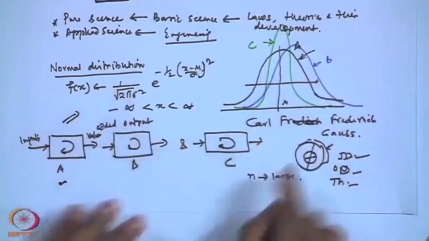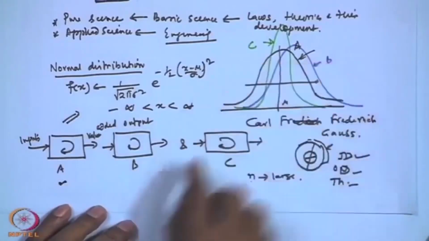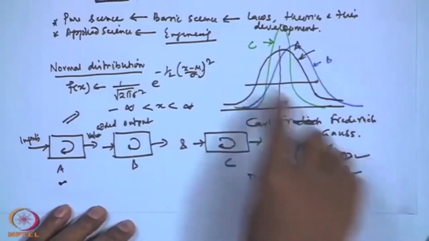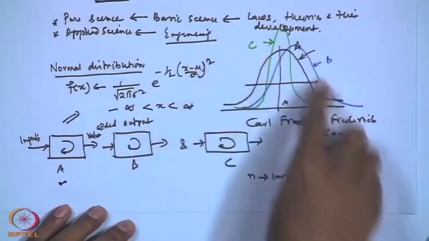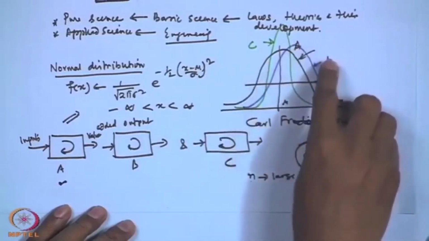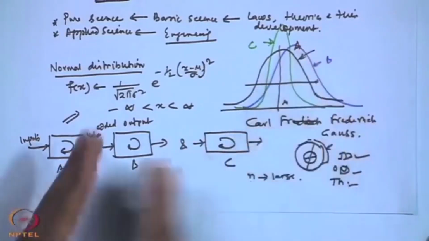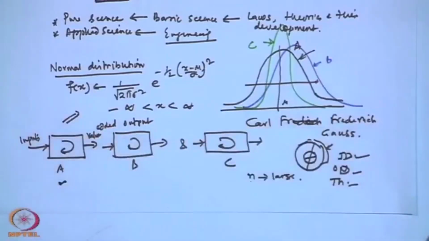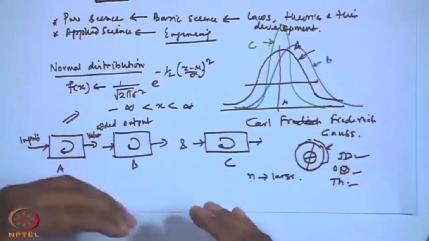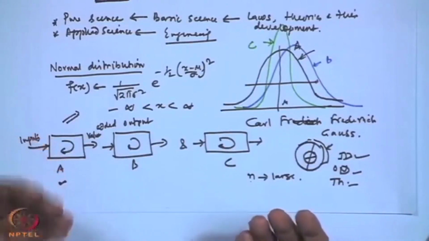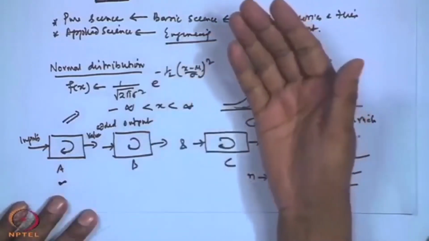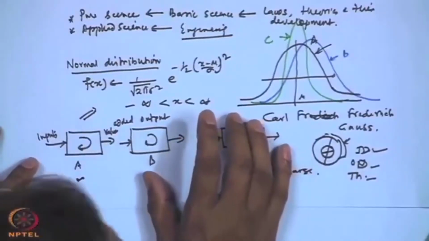It is also possible to see whether the mean ID produced by C is equal to that of B or A, and other such comparisons. So when we develop something which will be useful to society, for mankind, then we say it is applied.